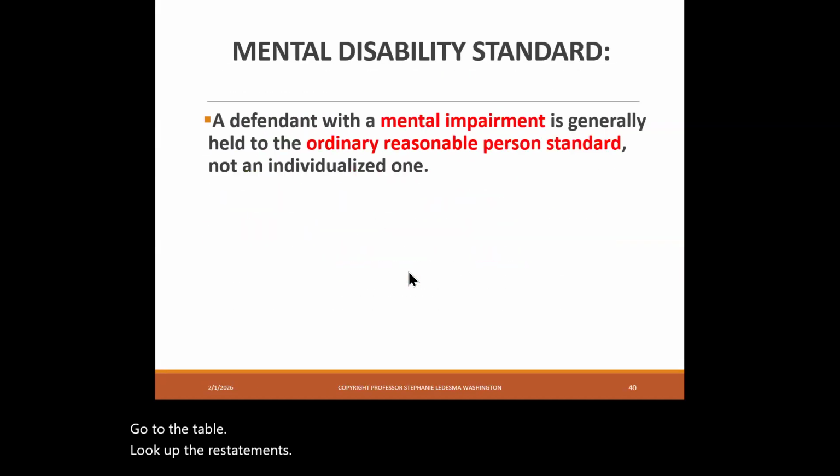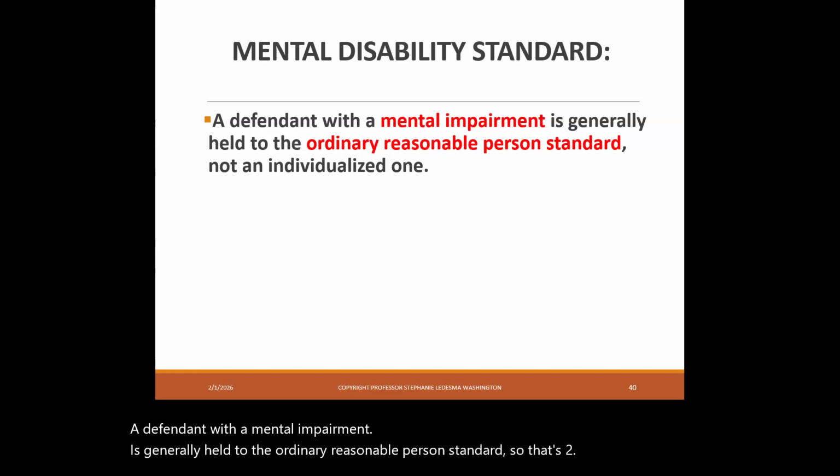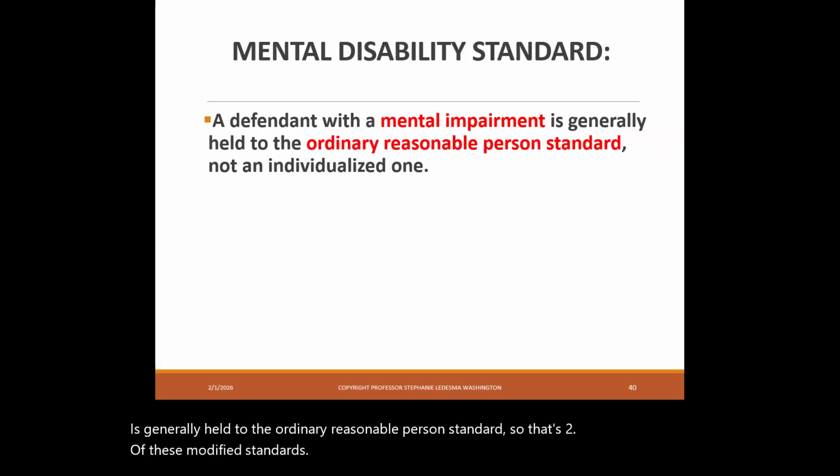Excellent. Let's go to the mental disability. A defendant with a mental impairment is generally held to the ordinary reasonable person standard. So that's two of these modified standards that really aren't modified at all.